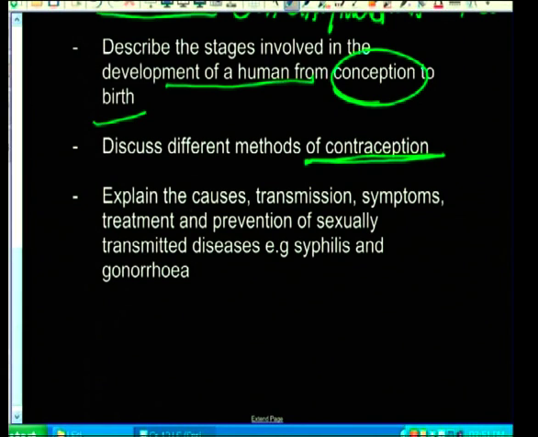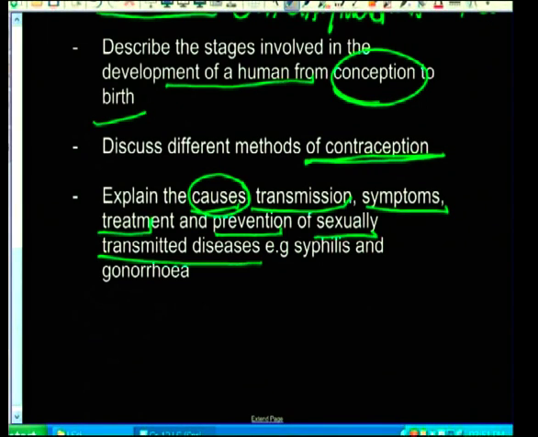Lastly, explain the causes, transmission, symptoms, treatment, and prevention of sexually transmitted diseases or sexually transmitted infections, STIs as we now call them. And the two that we are looking at are syphilis and gonorrhea. Now, look at the headings that they're giving you there. One is the causes. What causes it?